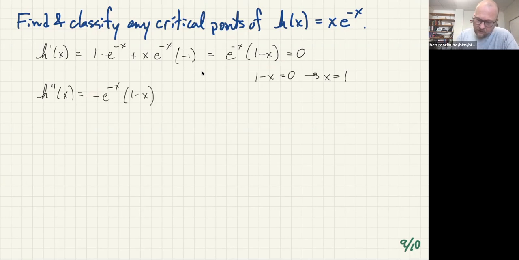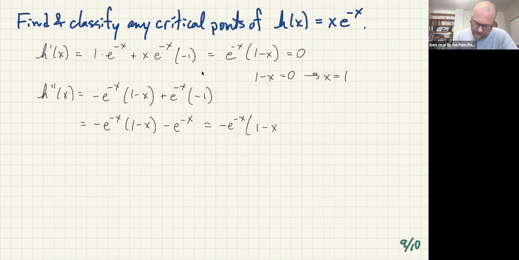Leave the 1 minus x alone, plus e to the minus x times the derivative of 1 minus x is minus 1. So that is equal to minus e to the minus x, 1 minus x, minus e to the minus x. Well, I guess we can factor out a minus e to the minus x from it. And then you'd have 1 minus x and then plus 1. So minus e to the minus x times 2 minus x. That looks weird, but you know.